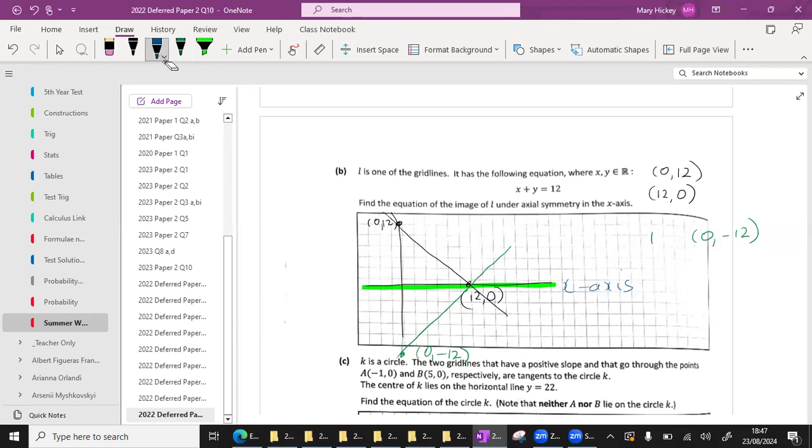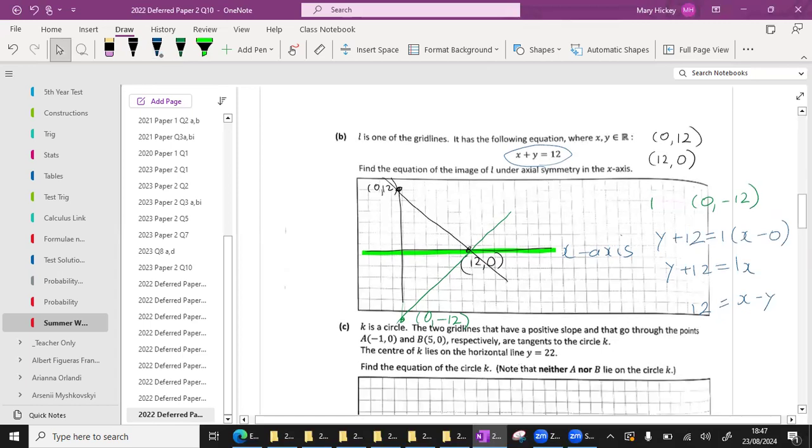So y minus y1, which is now y plus 12, equals m times x minus x1, which is 0. So y plus 12 is equal to x. Putting it all together, it would be x minus y equals 12. So practically the same, only because you're reflecting it in the x-axis, the line goes the other way, so it's x minus y equals 12.